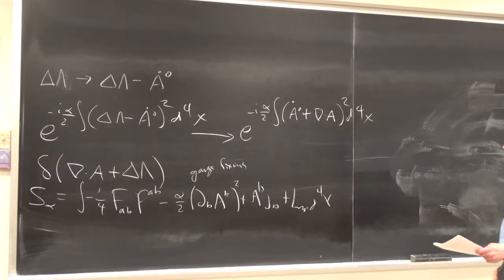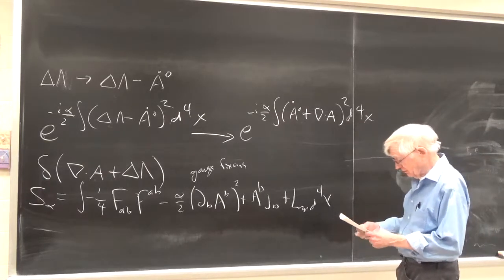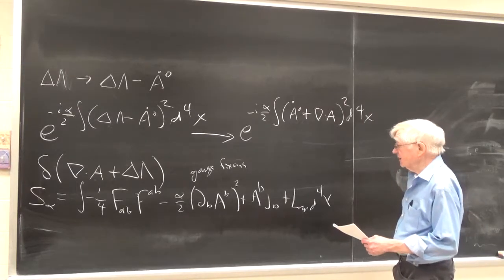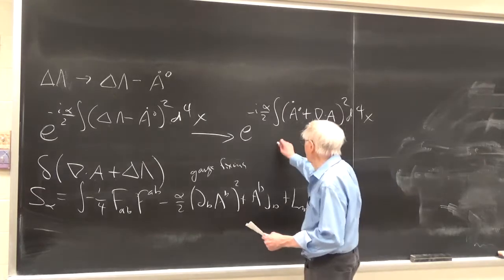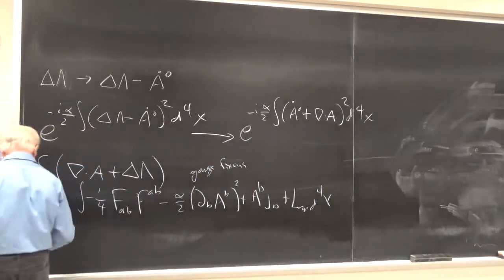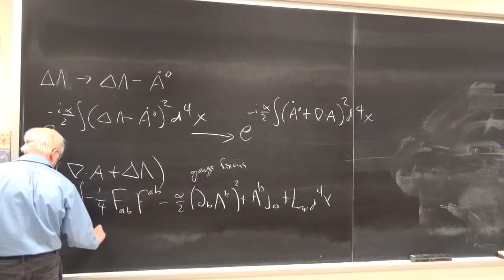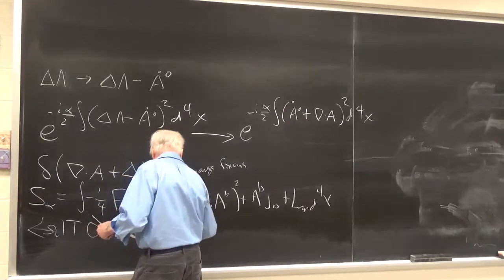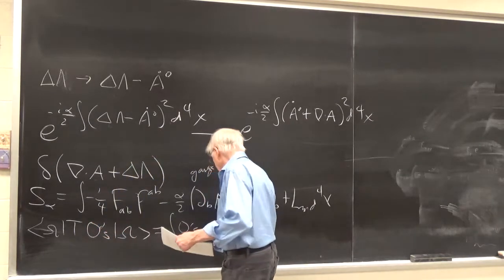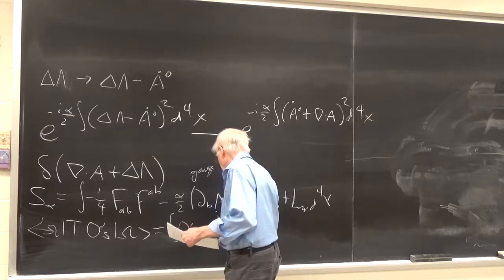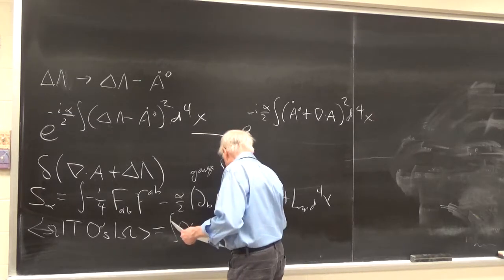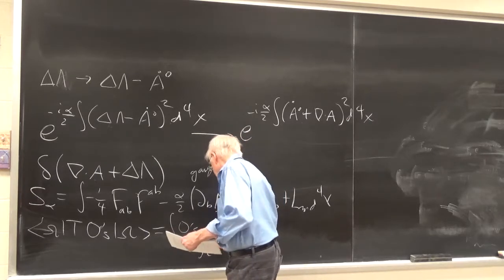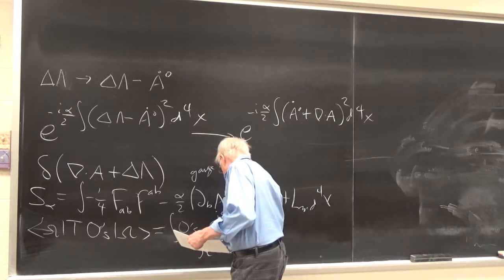With the Lorentz invariant gauge fixing term, one can show that the upshot is that the time-ordered product of the gauge invariant operators is now an integral of the operators e to the iS_α dA dψ over the integral of e to the iS_α dA dψ.